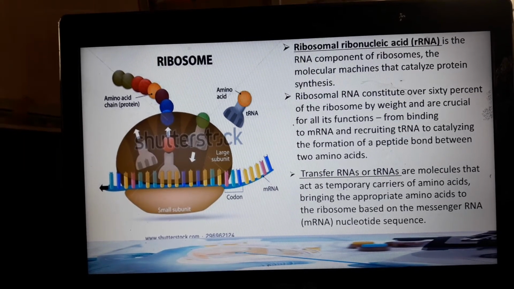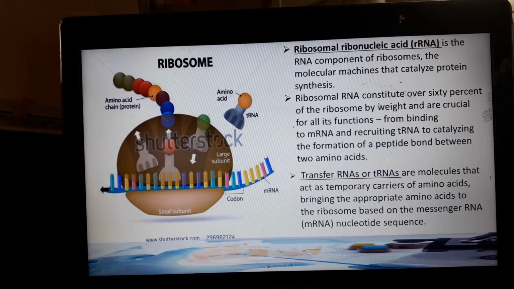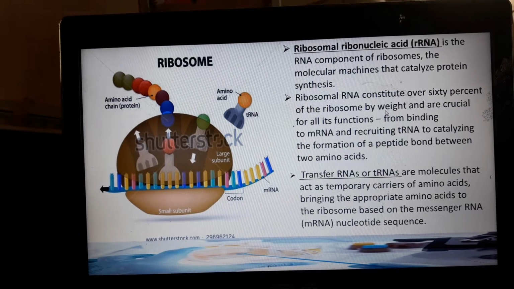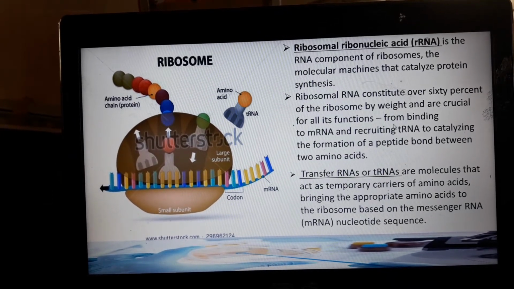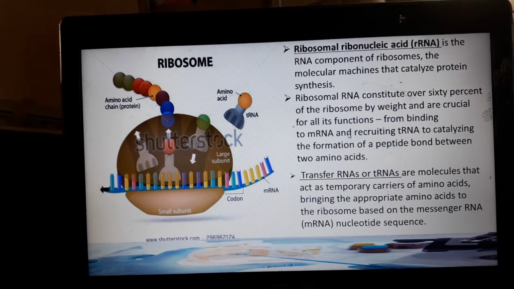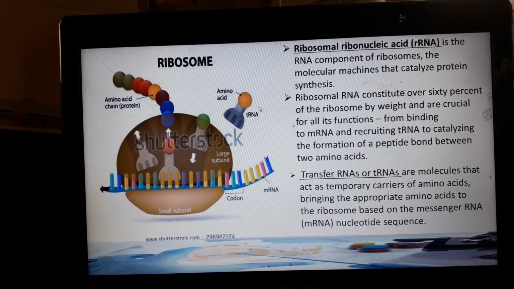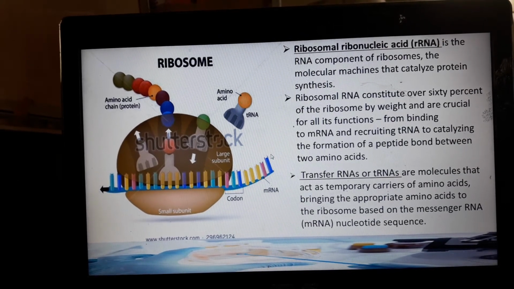Okay? Ribosomal RNA constitutes over 60% of the ribosomes by weight and is crucial for its function. So from binding, usually we have the messenger RNA and recruiting tRNA or the transfer RNA to catalyze the peptide bond, between the amino acids.